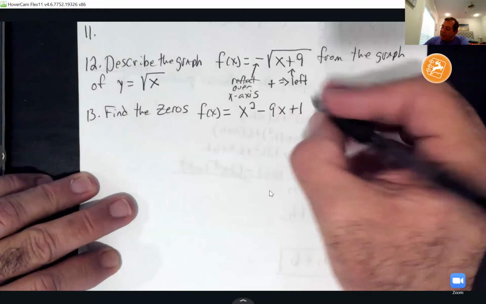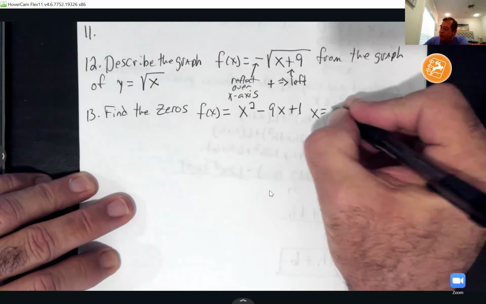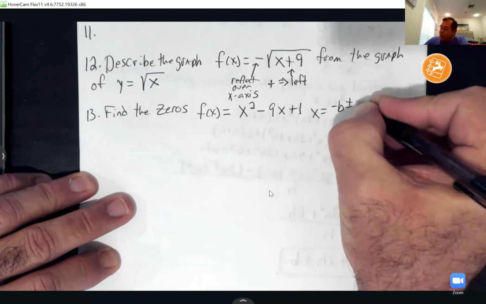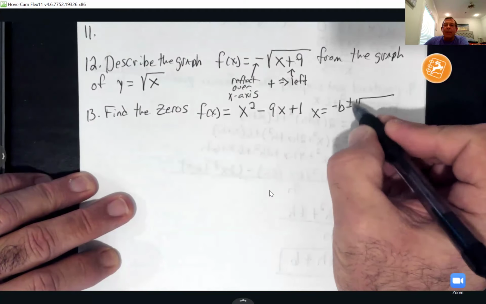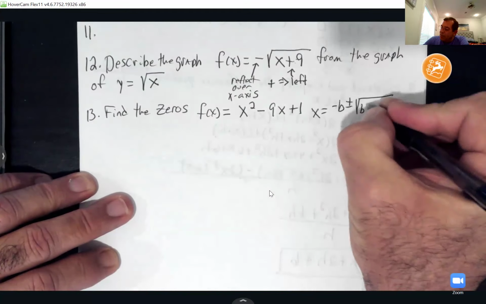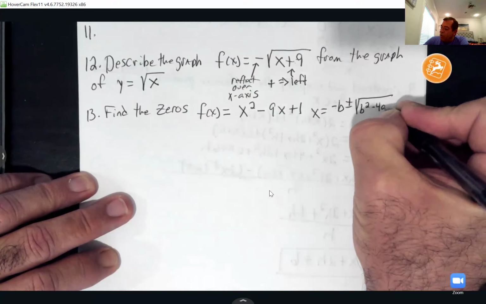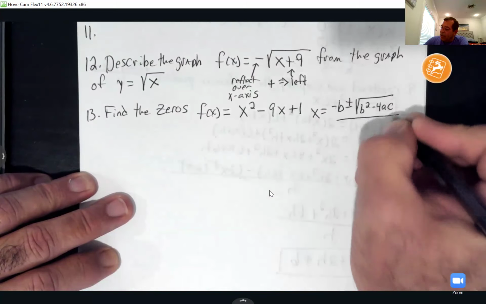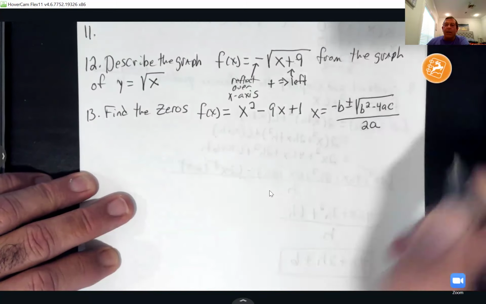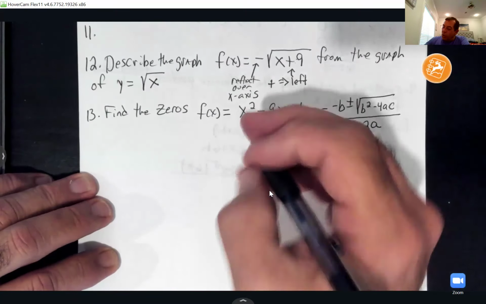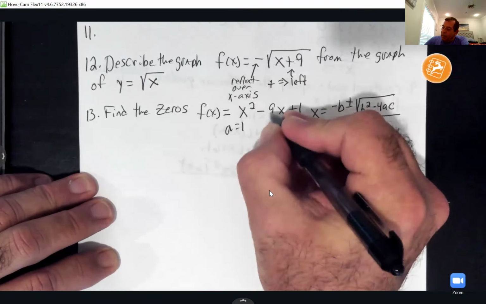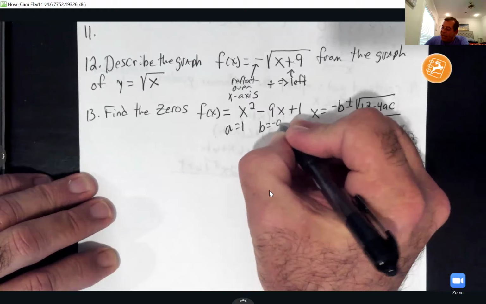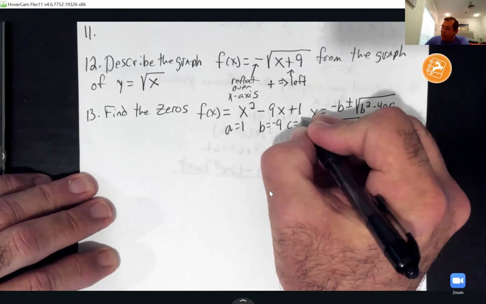Now, unfortunately, to solve this one, you're going to have to use your quadratic formula. Negative b plus or minus the square root of b squared minus 4ac all over 2a. So a will be 1, b will be -9, c will be 1.